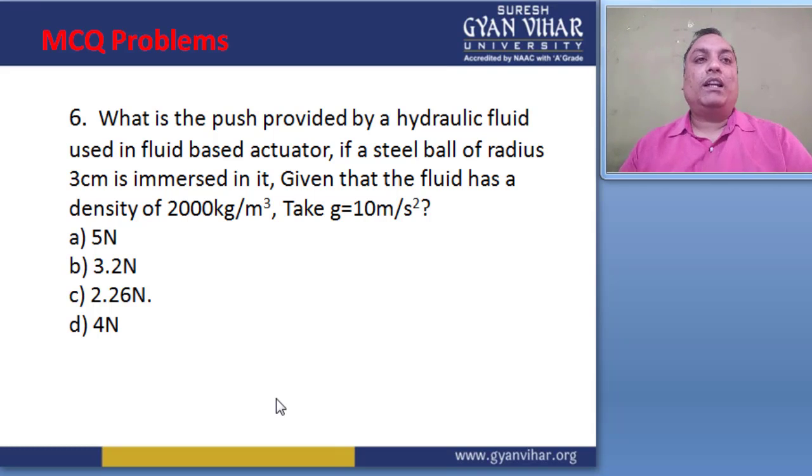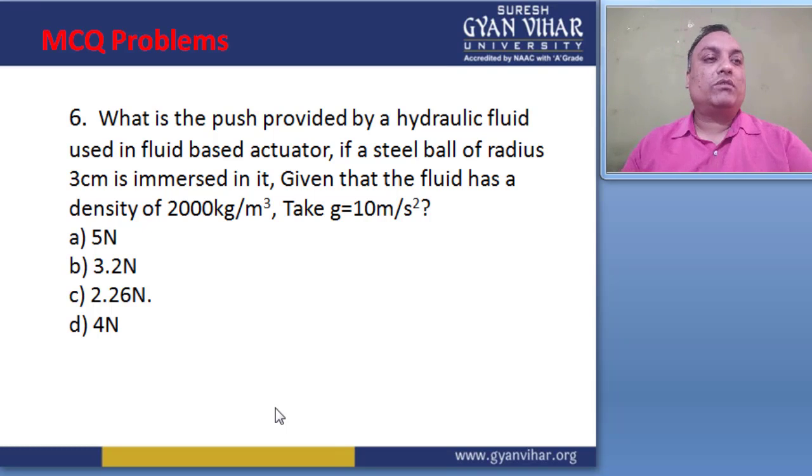A option is 5 Newton, B option is 3.2 Newton, C option is 2.26 Newton, D option is 4 Newton. So the correct answer of this question is 2.266 Newton, right?